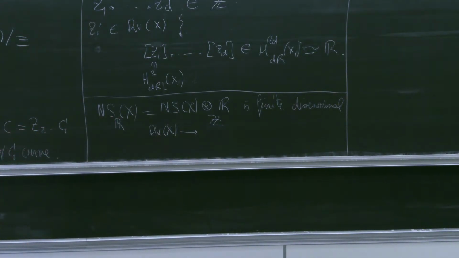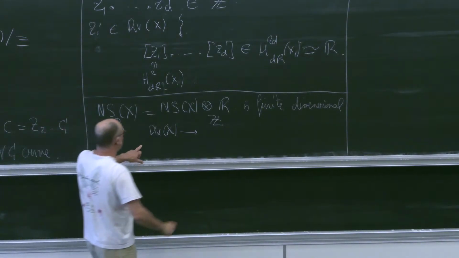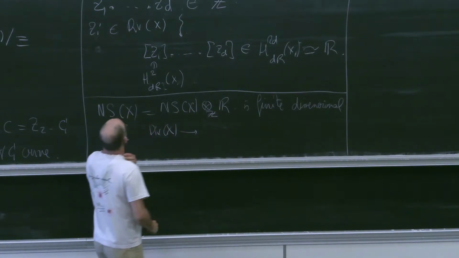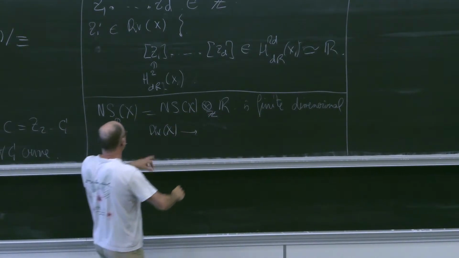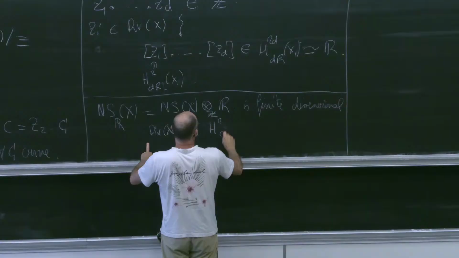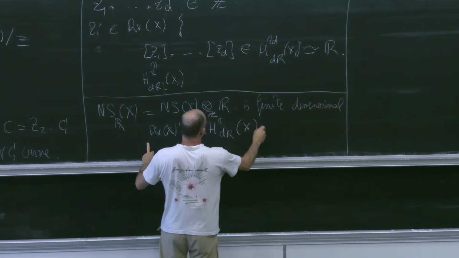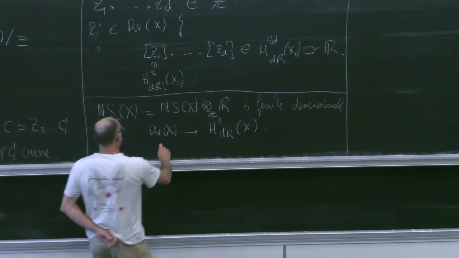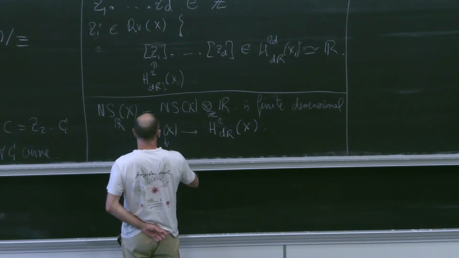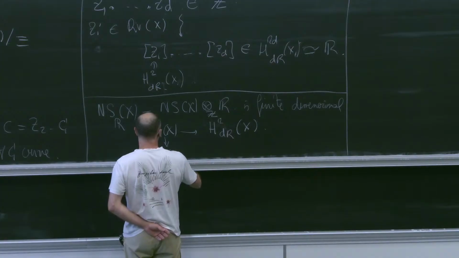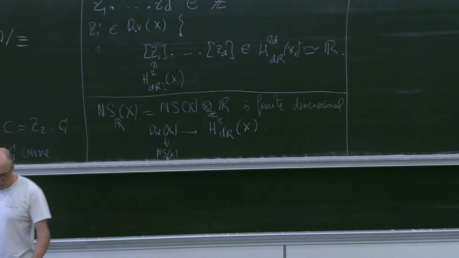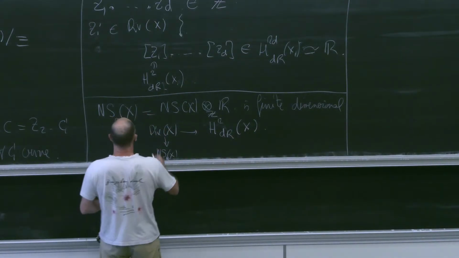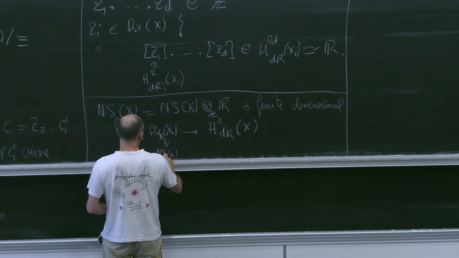But at least over the complex numbers, you have this map that I use to define the intersection numbers from the set of divisors to the de Rham cohomology of degree 2. And then you have this map to the Néron-Severi space. Let me tensor everyone by R. You have R here.